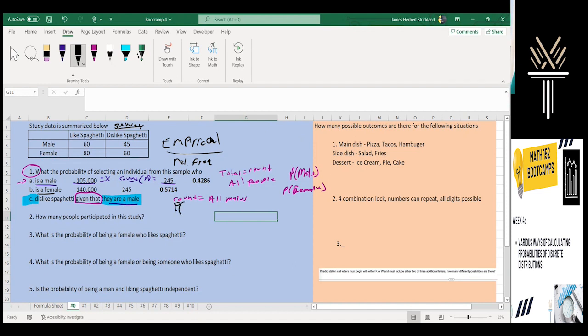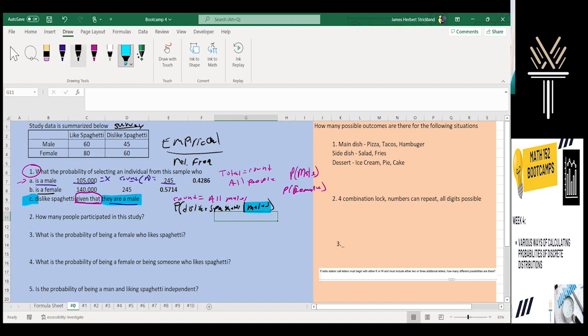We say the probability, we still want to find those who dislike spaghetti. But now we want the bottom number to only be males. So we put this straight line and say males. And so what that means is my denominator is only males.